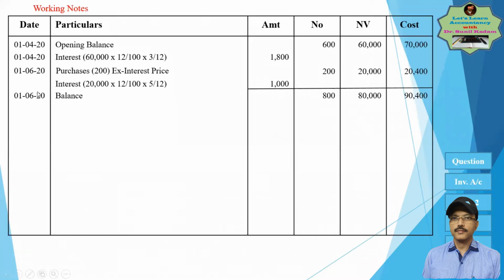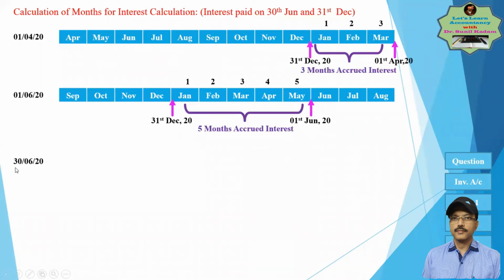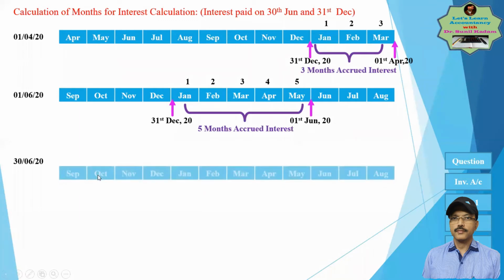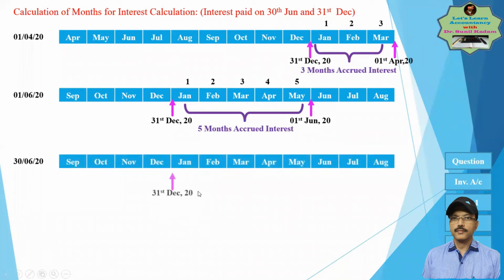On 1st June, Miss Archana is holding 80,000 debentures, on which interest will be received on 30th June. 80,000 into 12% for 6 months. Why 6 months? From the last date of interest. Let's check. We are calculating on 30th June 2020 the interest, and the last date of interest was 31st December. 31st December to 30th June.